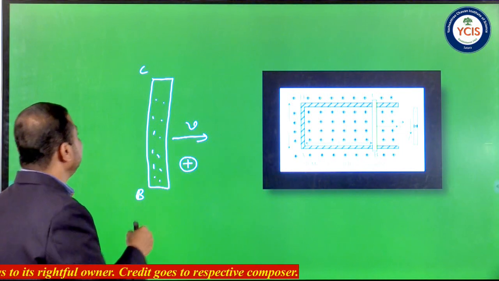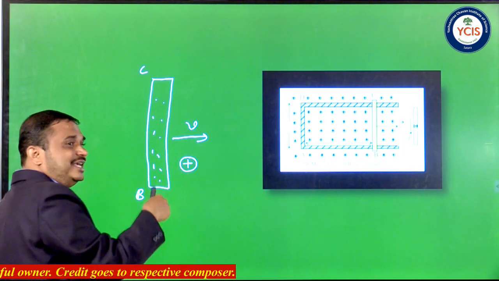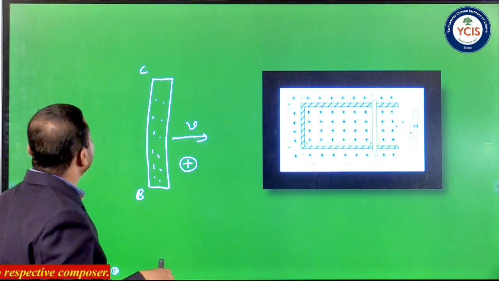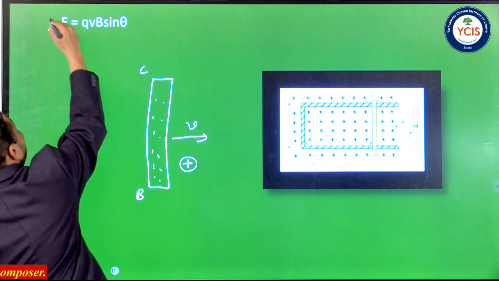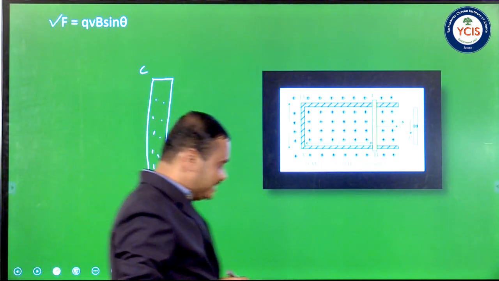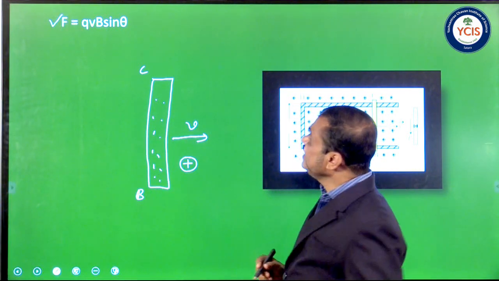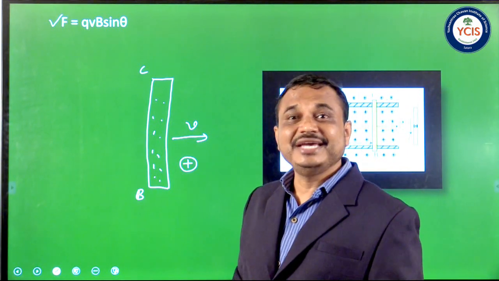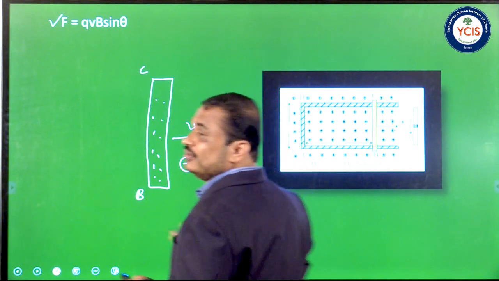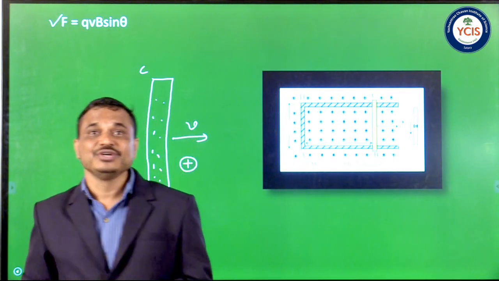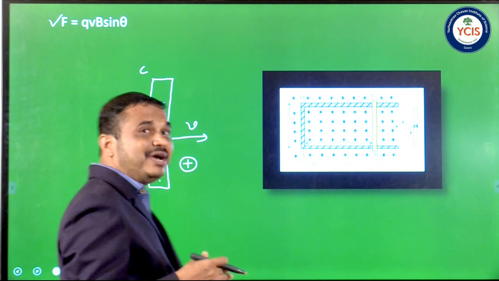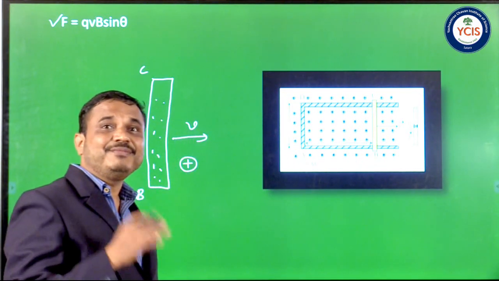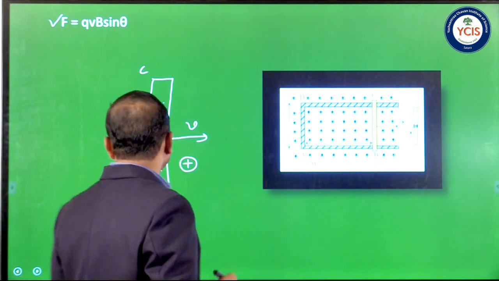The magnitude of this force is given by QVB sin theta, where Q is the charge on the electron, that is e, V is the velocity with which the conductor moves towards the right, B is the magnitude of magnetic induction, and theta is the angle between v bar and B bar.